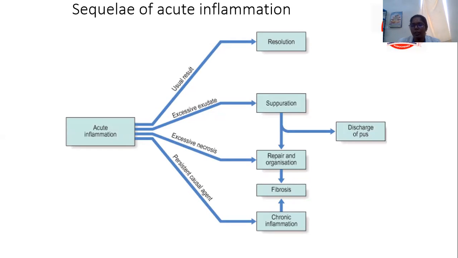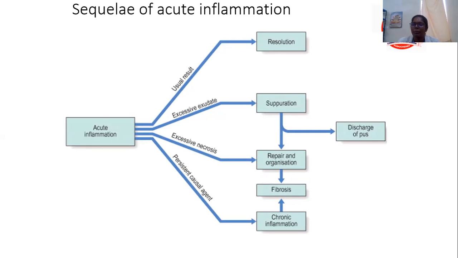As for the outcome of acute inflammation, either it can go for resolution, the complete restoration of normal tissues, or it can go for suppuration. It is a local collection, an abscess, and the abscess can go for a fistula or sinus tract and discharge of pus.